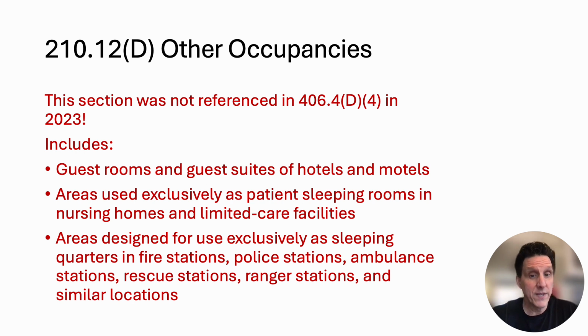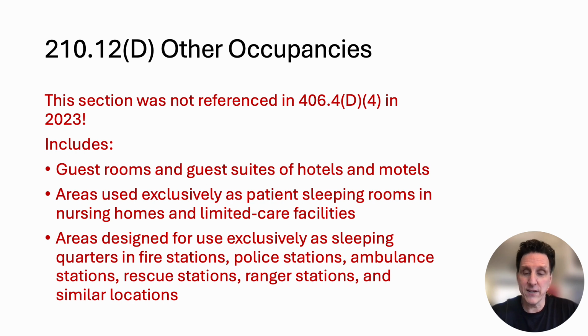Now, because this section was not referenced in 406.4D4 in 2023, if you replaced a receptacle in any of those areas, it would not trigger a requirement to provide AFCI protection if it wasn't already AFCI protected. I don't know if that was intentional, but that's the wording that was in 2023.